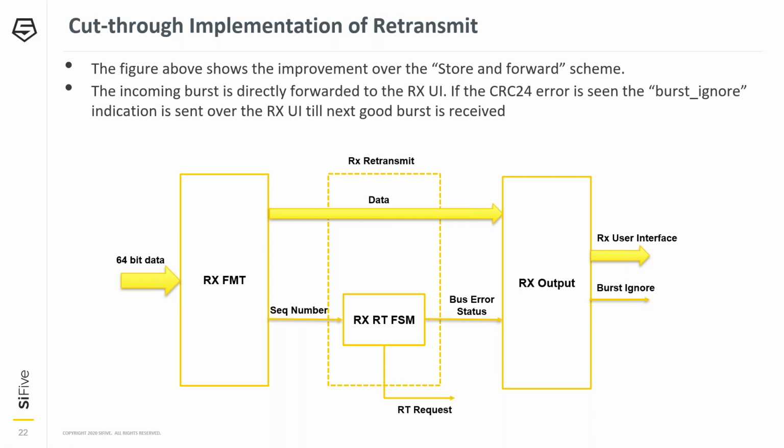Similar to the legacy implementation, from this point on, all the subsequent bursts are dropped from going to the RX interface until the errored burst is received again. So this is how we achieve a lower latency in the low latency version of the IP. There are additional factors like no FEC support, and because of lower throughput requirement, the overall clock frequency of the IP is lower, and thus the number of flop stages also goes down.